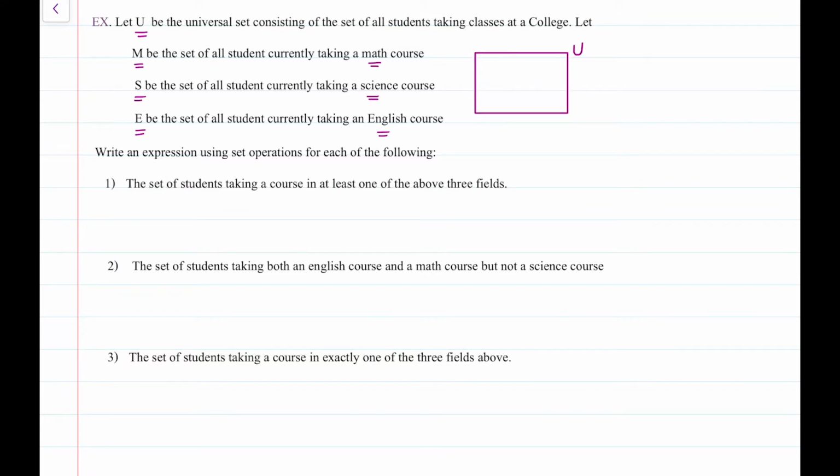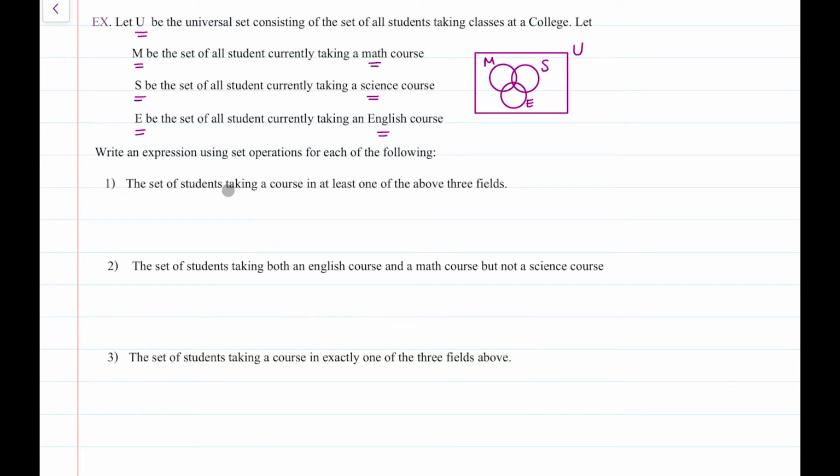So this is the universal set U. Then I have M for math courses. Then I have S for science courses. And I have E for students taking English courses. So this is a Venn diagram in the most general case that I could graph.